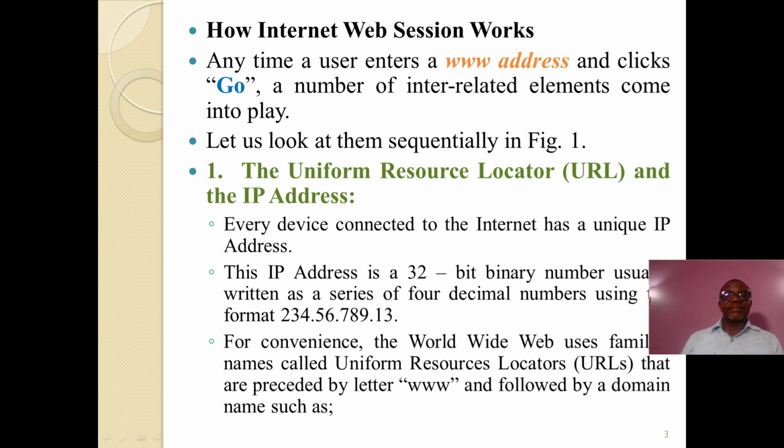This address is a 32-bit binary number, usually written as a series of 4 decimal numbers separated by dots, using the format 234.56.789.13. It could be any combination of decimal numbers, but it will be 4 numbers separated by dots.